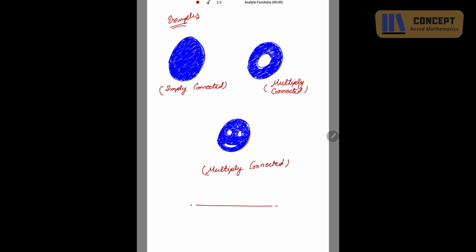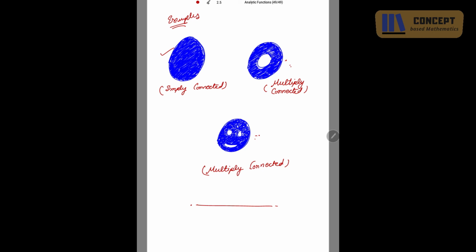So it is multiply connected. It cannot be shrunk to a point. This example also cannot be shrunk to a point, but the first one can be shrunk to a point. Also it contains holes, and this also contains 3 holes or gaps. So this is what it is all about simply connected domain.